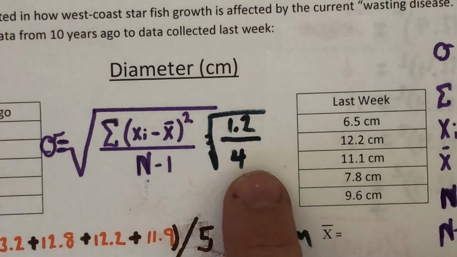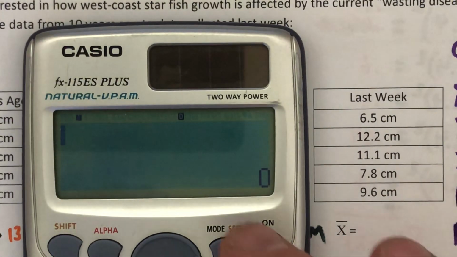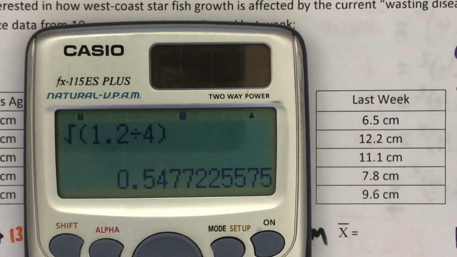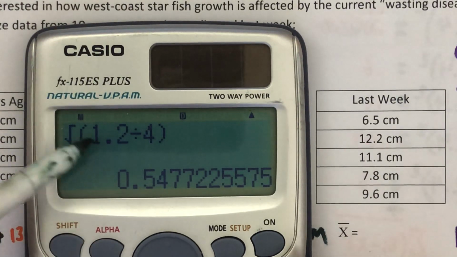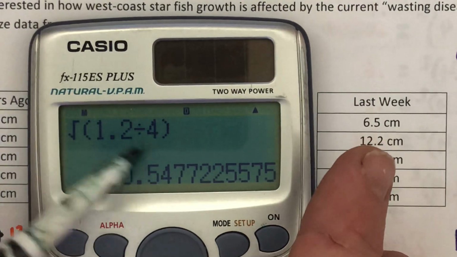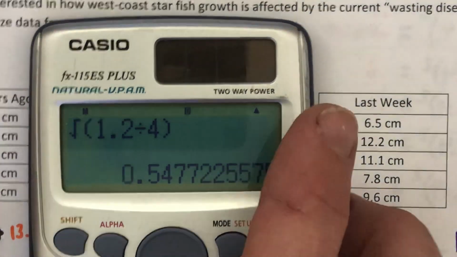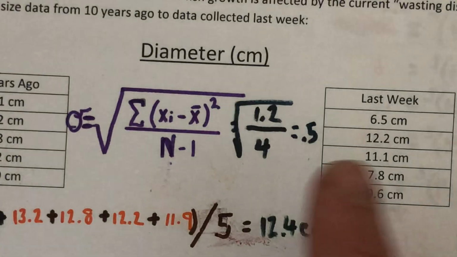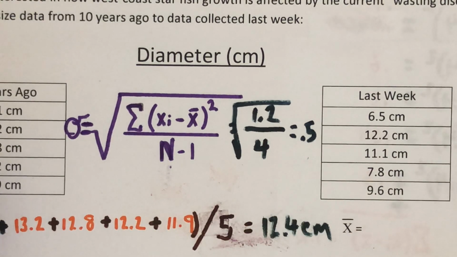So I'm going to do the square root of 1.2 divided by 4. I have 0.548, but I'm going to round that. Since I'm dividing, I'm going with the fewest total number of digits, so I'm just going to call that 0.5. So that is my standard deviation, 0.5.